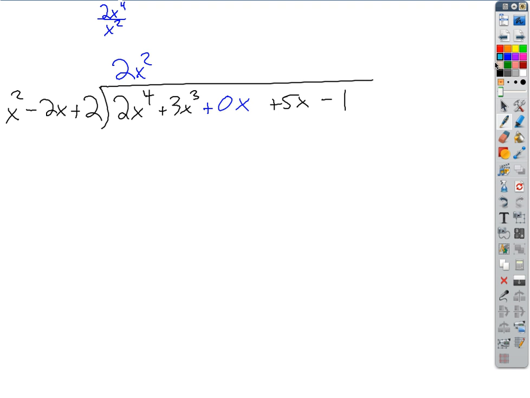Now, as soon as we get a term up here, we're going to distribute it through each term in the denominator. So 2x squared times x squared is 2x to the fourth. So we're going to get 2x to the fourth. 2x squared times minus 2x is what?